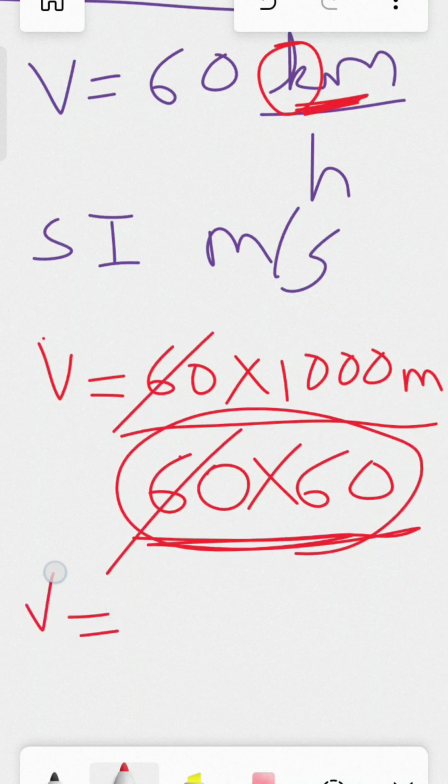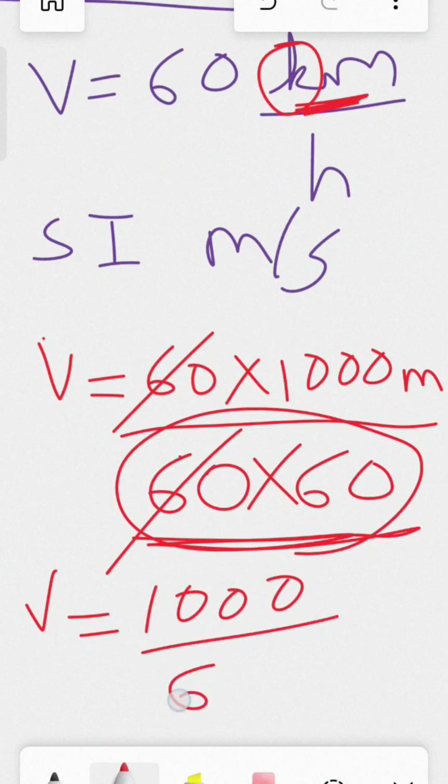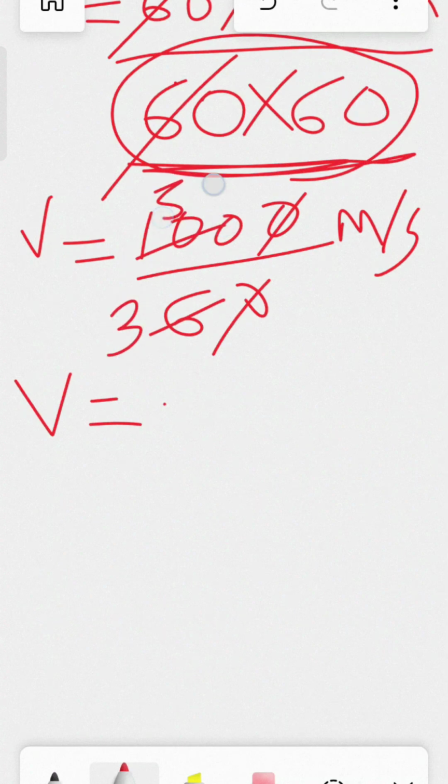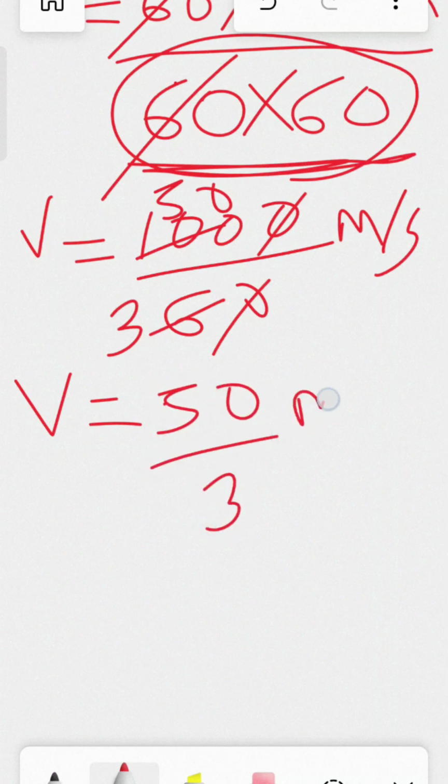So you will get v is equal to 1000 upon 60 meter per second. Let us simplify this fraction. So we'll cancel this 0. 2 3s are 6. 2 5s are 10. So we get 50 upon 3 meter per second.